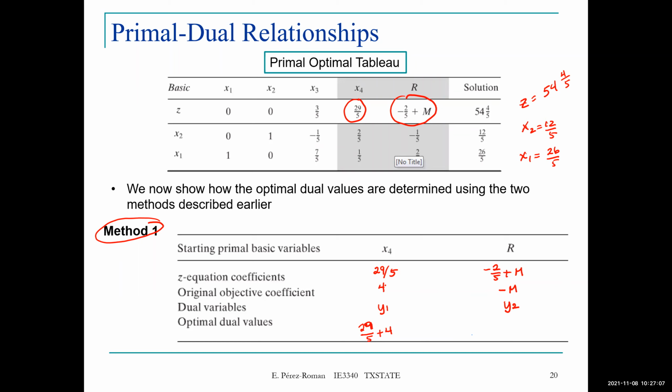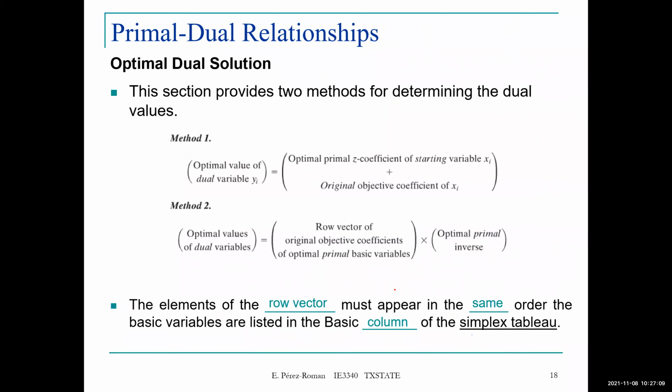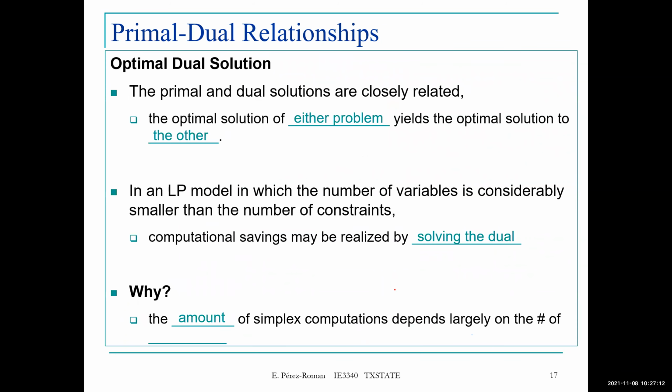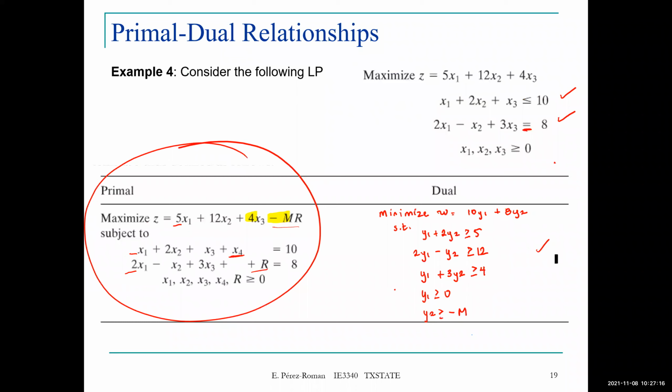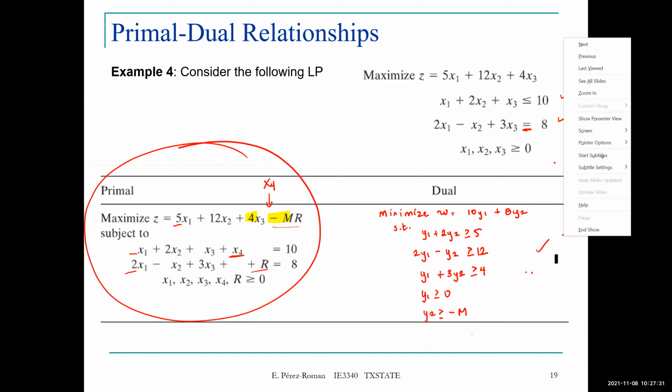I'm sorry, this is not 4. I got confused. So we don't have a coefficient for x4, right? So in the objective function, x4 is 0. So the coefficient for x4 should be 0 instead of 4. My bad.